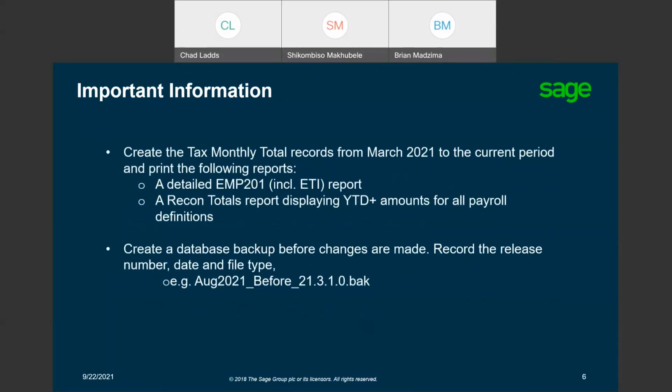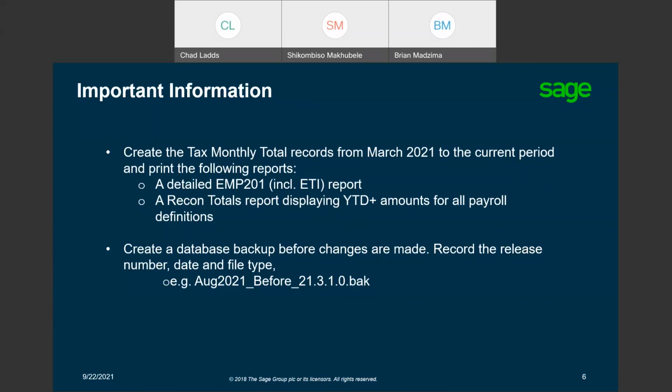All right, so just some more important information going forward. We need to make sure that we've got a detailed EMP1 report and our recon totals reports. This is displaying the year-to-date plus amounts for all your payroll definitions. Very importantly, we do need to create a database backup.